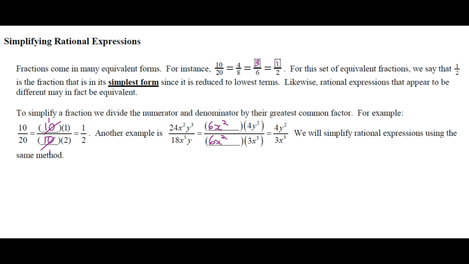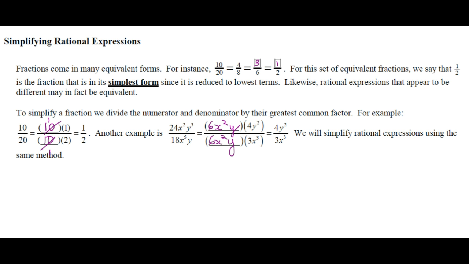They share y's. So it's going to be y to the power of 1. So when you're doing greatest common factor, numbers are numbers, you should be able to figure that one out, right? When you're doing variables, it's the lowest power that you're going to factor out, right?